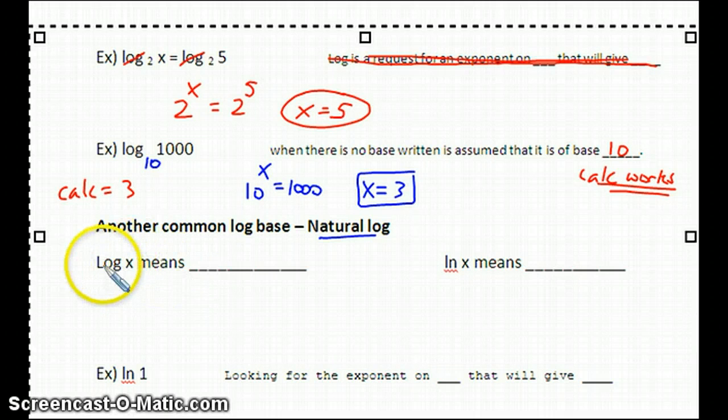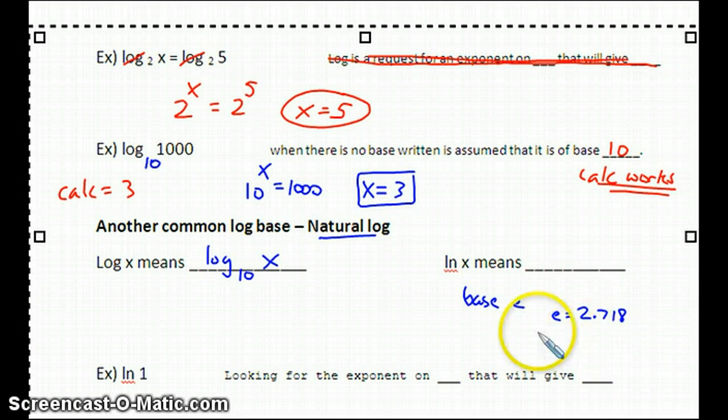If you saw something like log of x, what you're really doing is log base 10 of x. When you do the natural log of x, the natural log has a base of e. Remember, e we said was equal to about 2.718.